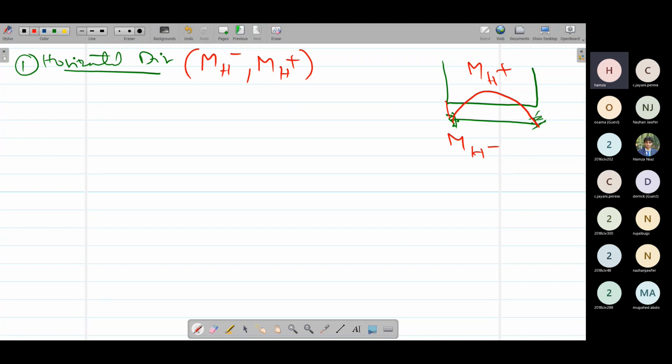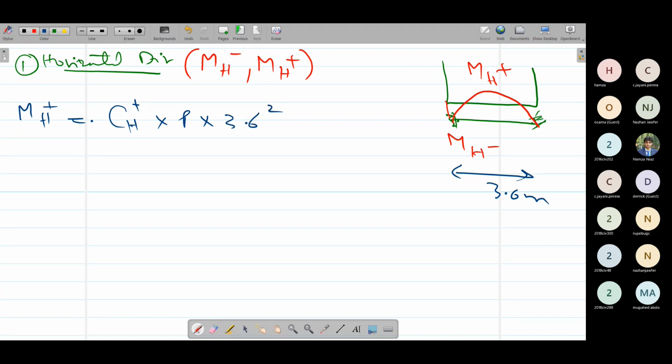So it is simple. Moments are simple. The formula of moments is simply, for example, MH positive is simply CH positive, the coefficient of this moment, times the pressure times this length squared. This length we know is Lx, or 3.6 meters, because it is horizontal. So 3.6 squared, Lx squared.